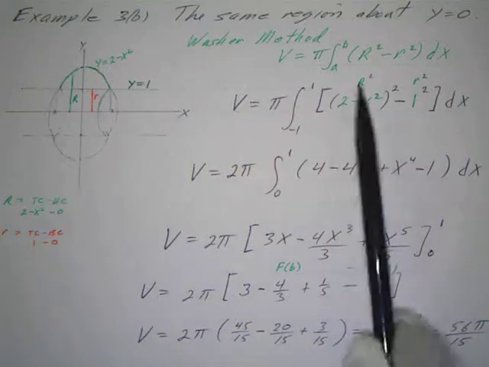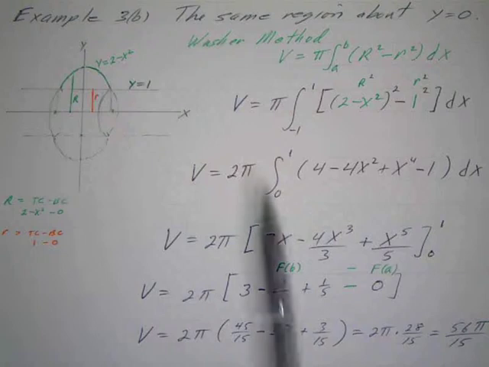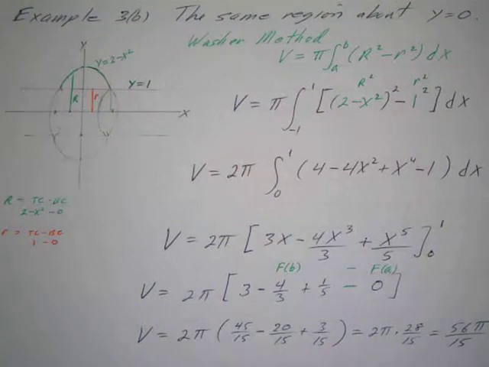Okay, so now we have big R and little r, so we're ready to just go to mechanical work. The rest is mechanics. So I hope this makes sense to you, how we're revolving this around, how we are using the washer method because we do have a hole in it, and how we determine the big R and the little r.